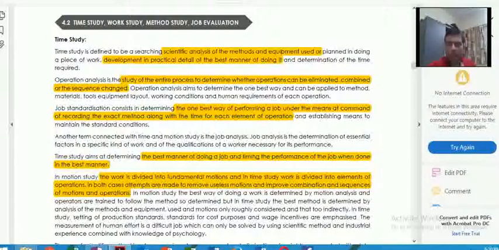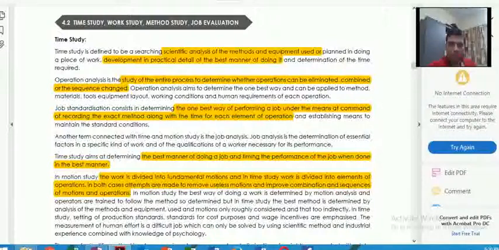The company will select job B, that is 15 minutes, because 5 minutes are saved compared with job A. So the organization always tries to have as little time as possible for converting the raw material into finished goods.